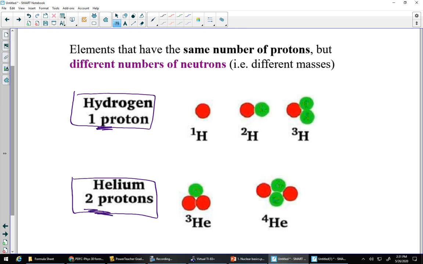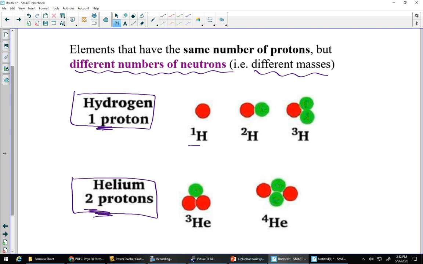It would all of a sudden be helium, right? Every single helium has 2 protons, and that's it. You can't go down, you can't go up, or else it's not helium anymore. But what you can do is change the number of neutrons.